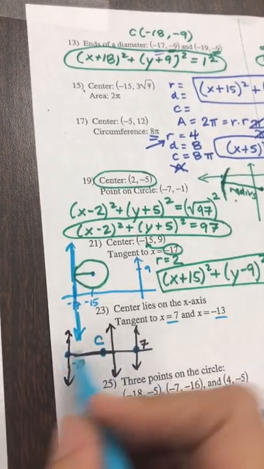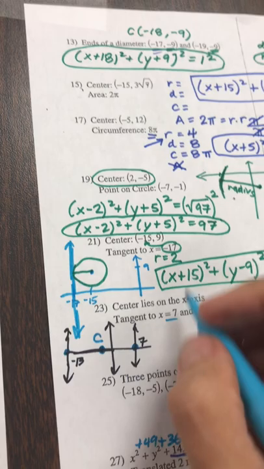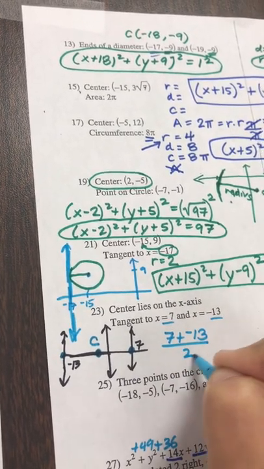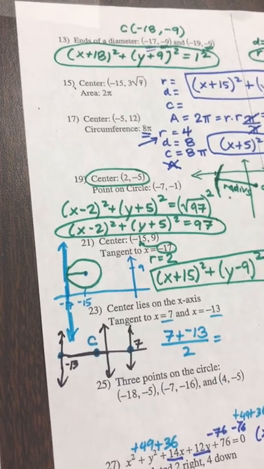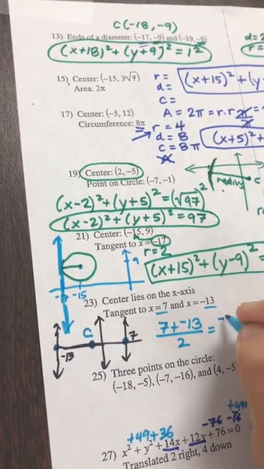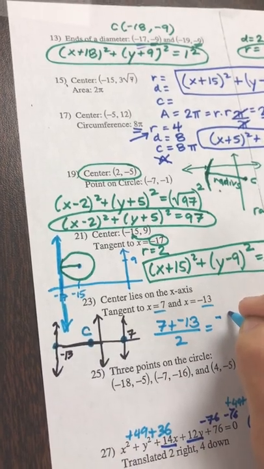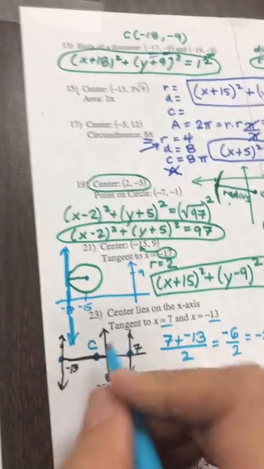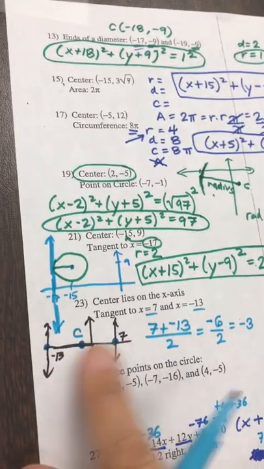So we need to figure out what number is in between those two numbers. We know how to do that just by averaging. We can add those two numbers and divide by 2. So that would be -6 divided by 2. So that'd be the number -3. And it kind of looks like -3 on my sketch.